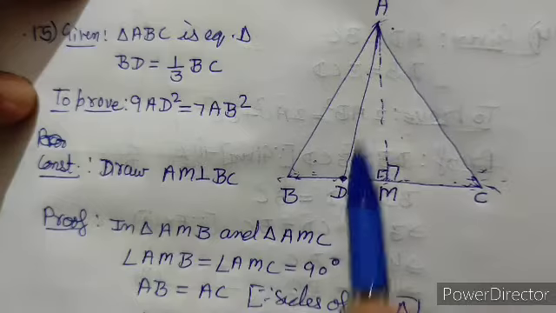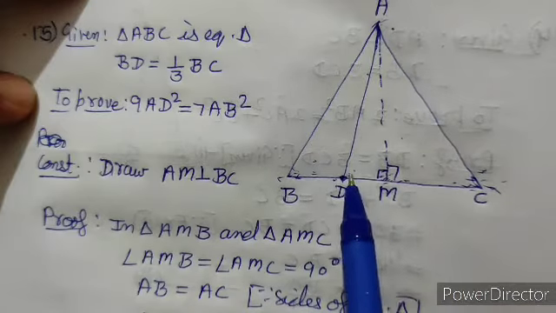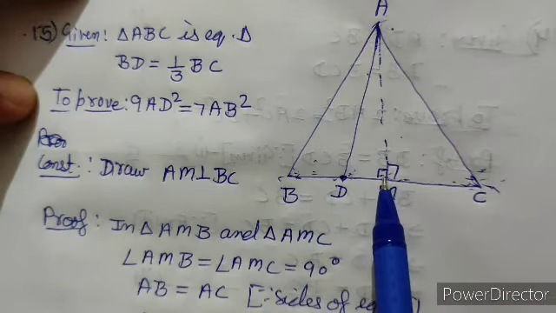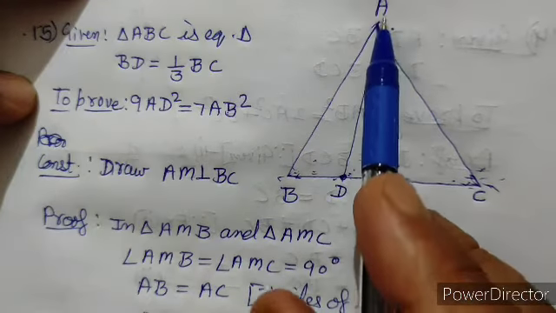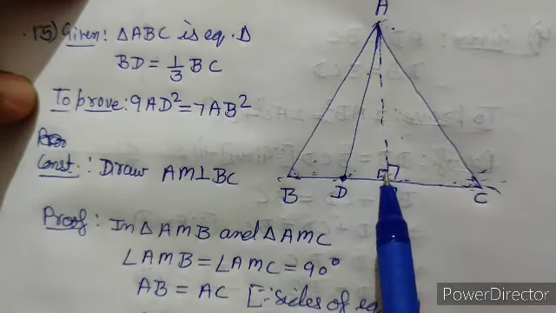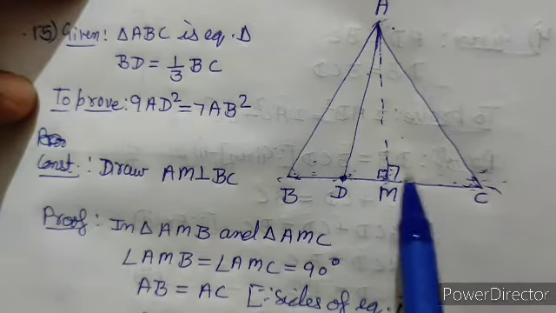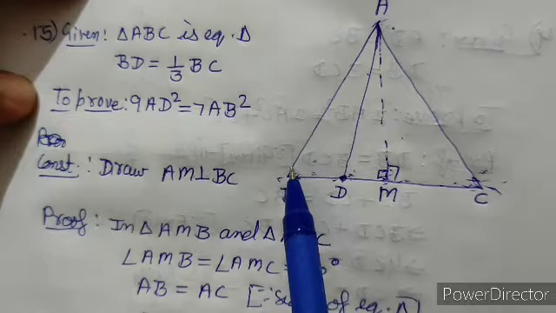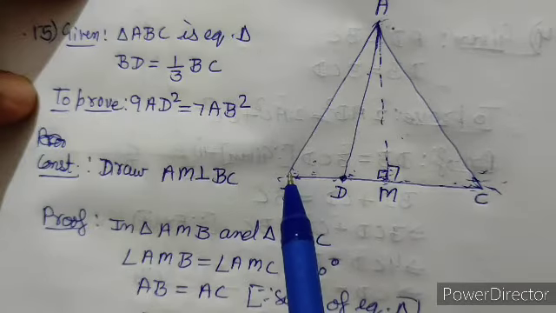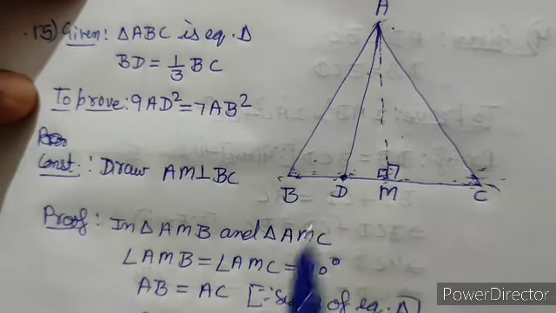Now AD square will be equal to AM square plus DM square. We neither need AM nor DM, so we will find AM square from triangle AMC and DM by subtracting BD from BM.